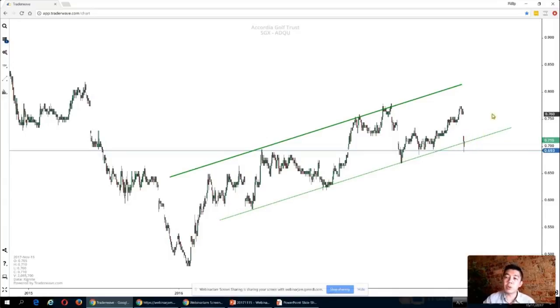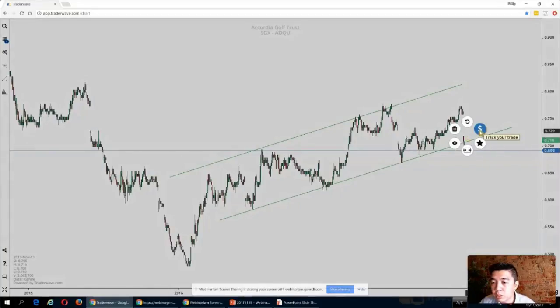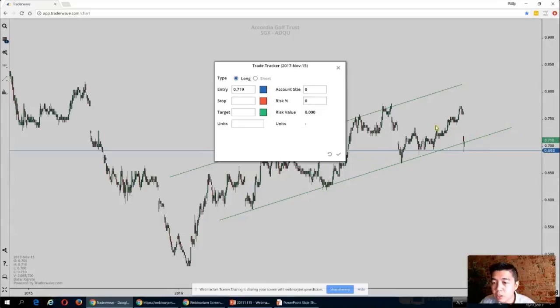So let's assume if we want to enter the trade from here, this is one way that we can go about doing it. In fact, we have built this feature called the Trade Tracker into it, where you can actually simply just right click, okay, go to this track your trade, click on it, okay, and you can actually put in the entry level, which is at the current closing price, assuming that we are going in at the current closing price.